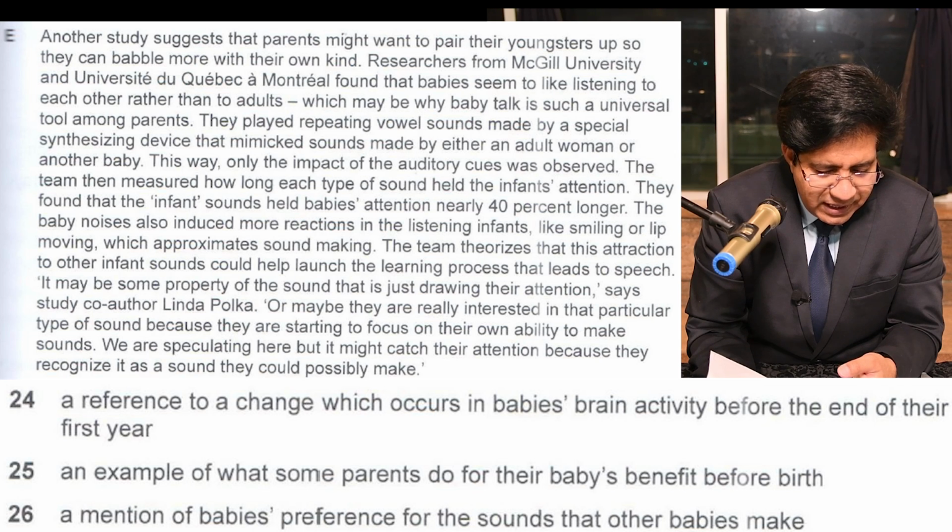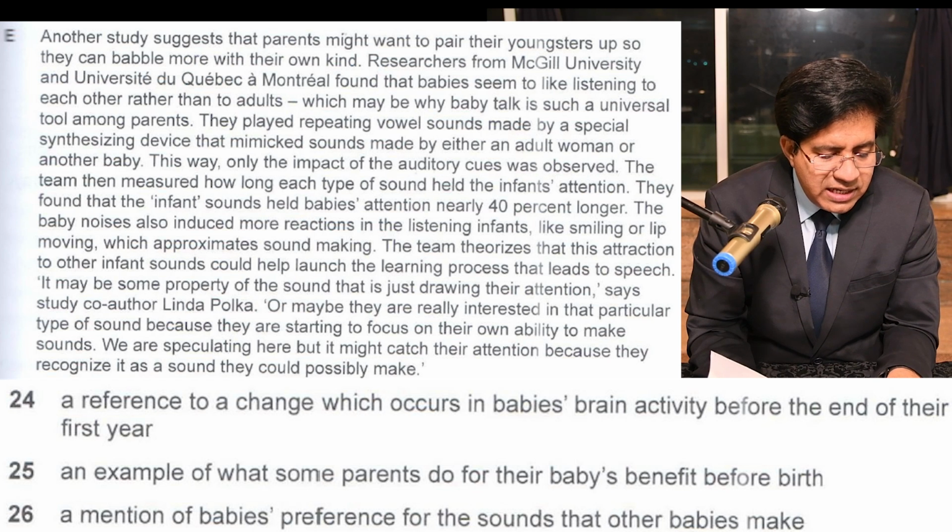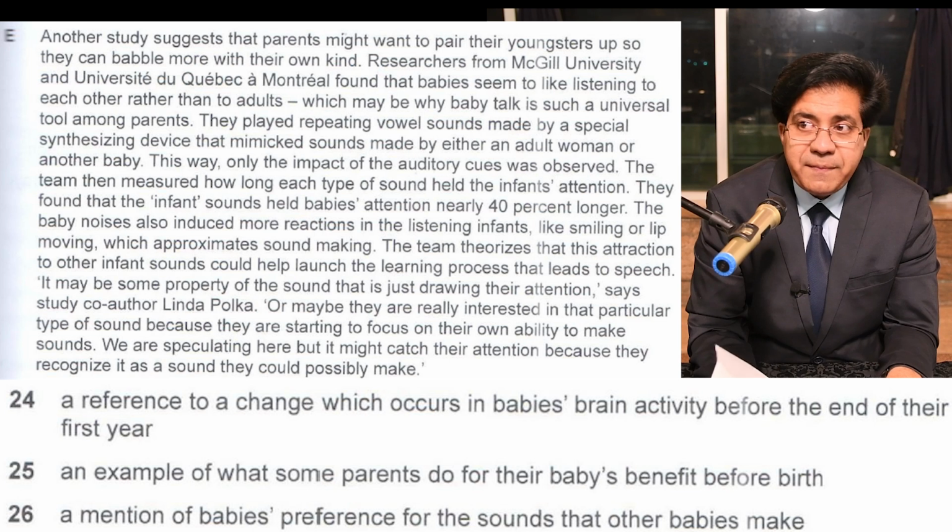First, third line, read from third line. Researchers from McGill University and University of Quebec, Montreal found that babies seem to like listening to each other rather than to adults, which may be why baby talk is such a universal tool among parents.